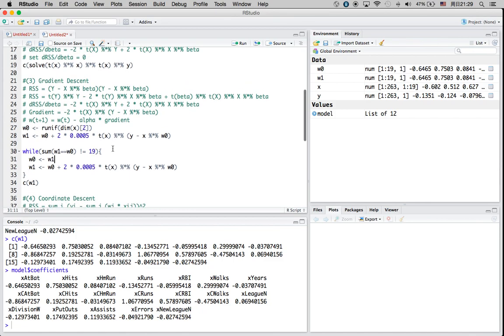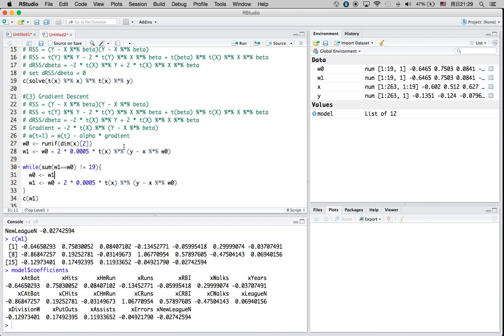But one of the drawbacks is that you need to set up your initial values, and you also need to adjust your learning rate to update your coefficients properly. If you have a very small learning rate, it might take a very long time to update, and it can be computationally expensive.